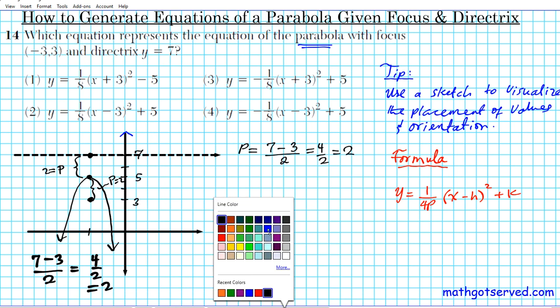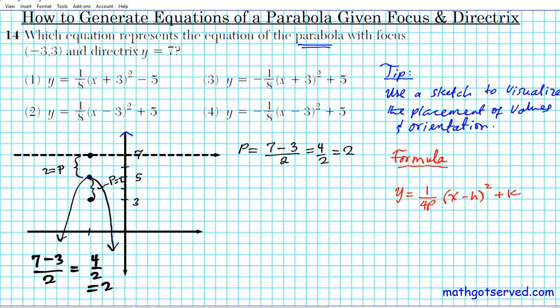Alright, so this is the vertex right here. Let me show that to you. This point right here is the vertex. So the vertex is what? The y coordinate is 5, the x coordinate is negative 3. So the vertex is negative 3, comma 5. Alrighty?